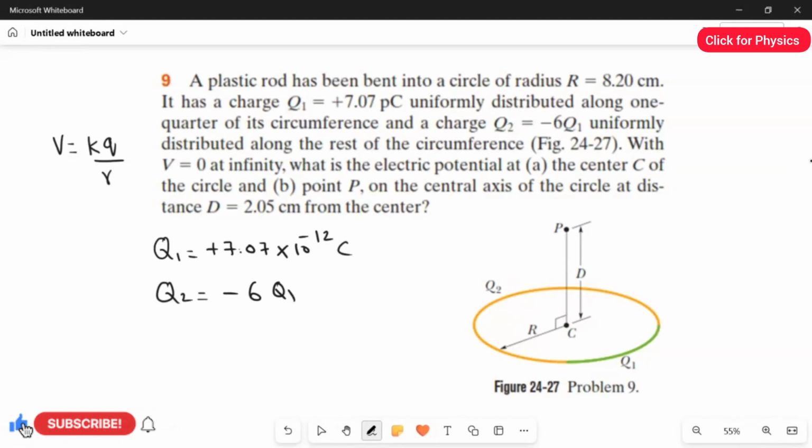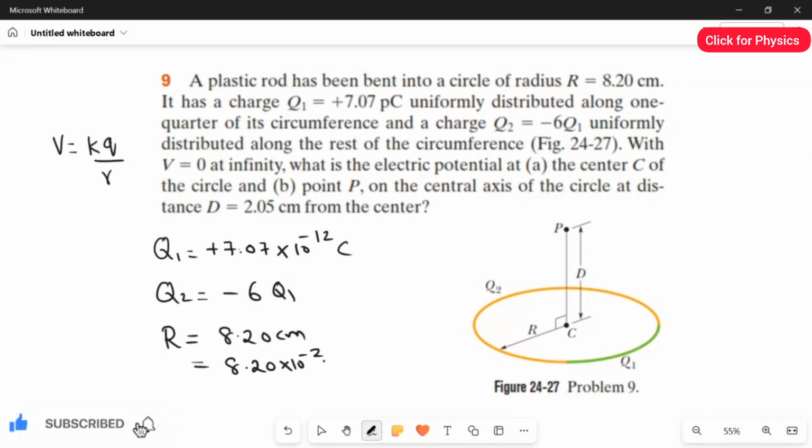And also, when you bend the plastic rod, it forms a circle, and that circle radius was given, where r is the distance from the center of the circle, which is equal to 8.20 centimeter, and you have to convert this value to meter, which is 8.20 multiplied by 10 to the power minus 2 meter.